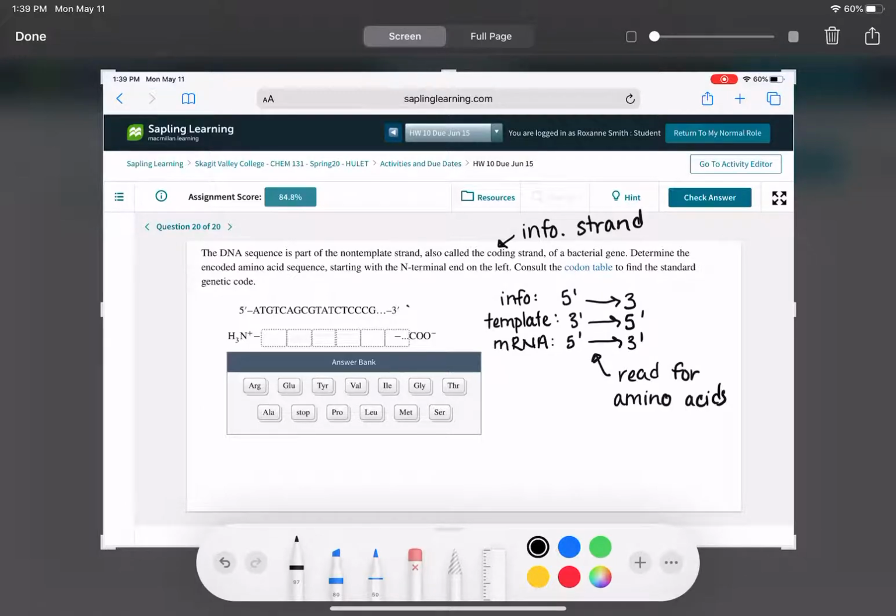So you have the info strand. You are going to write its complement, which is going to be the template strand. Then you're going to take the template strand and write its complement to give you the mRNA strand, and you're going to read that for the sequence of amino acids, which you're going to drag right into those boxes.